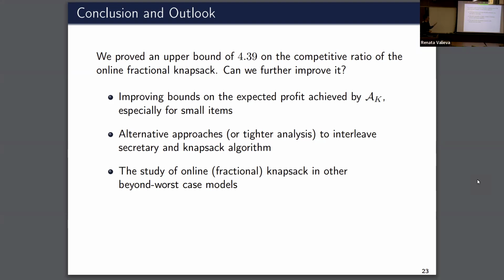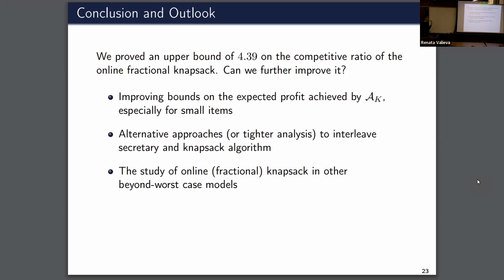But the knapsack algorithm, I think, possibly has some room for improvement, especially for small items, because we didn't make any assumption that if the item is small, then intuitively the knapsack is harder to get filled up quickly.